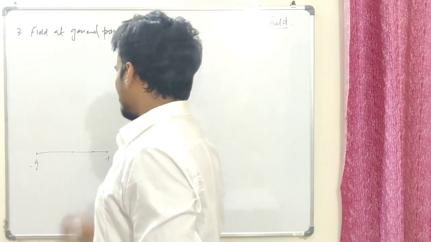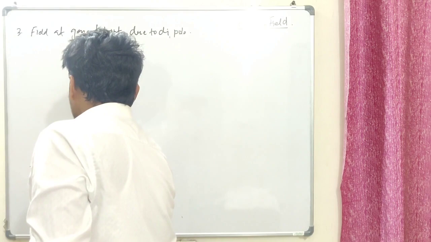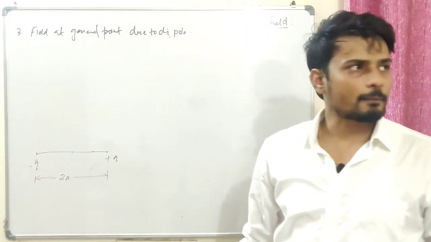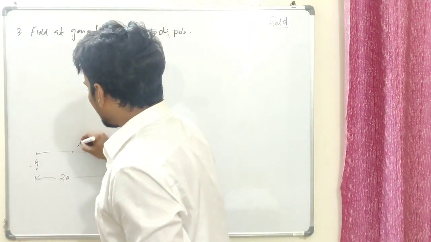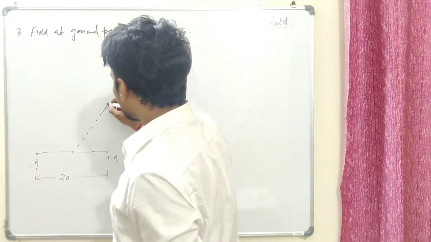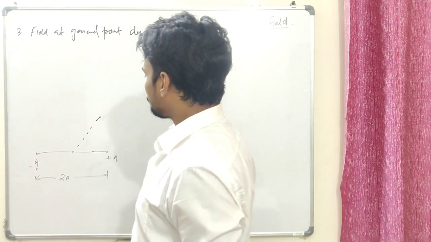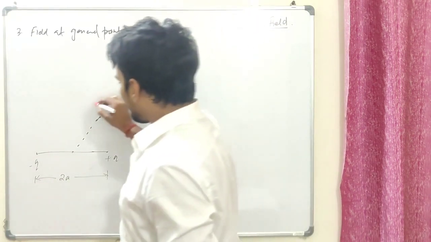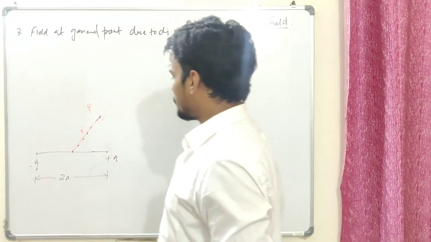This is the midpoint, and the length of the dipole is 2a. Now let's say the point at which we need to find the electric field is here, P, at a distance R.